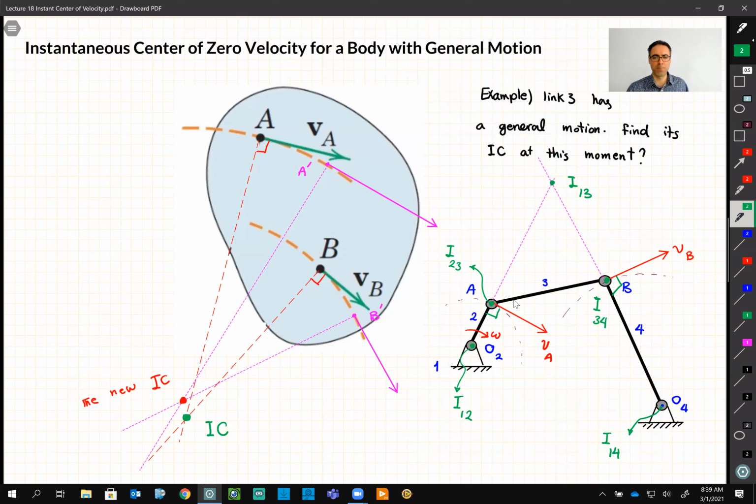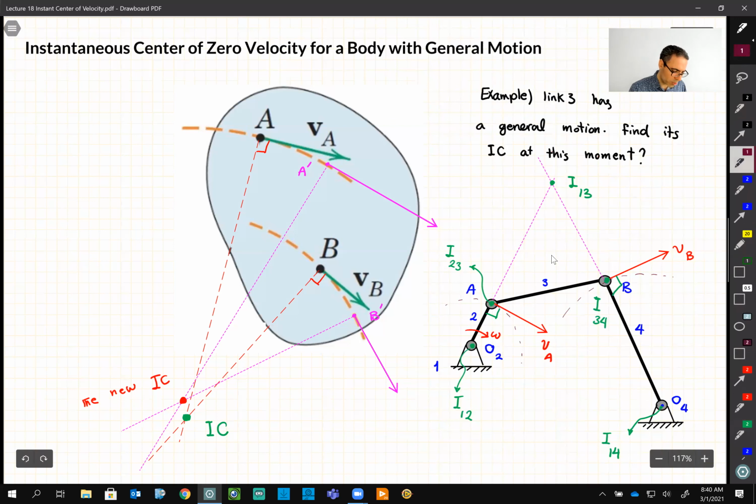Okay, so one more time, and I want you to have all your attention here. We struggled to find the instant center for link 3. This is I13. And this instant center is a point that you can visualize that for a very, very short period of time, this link 3 has been extended. It's more like a plate.